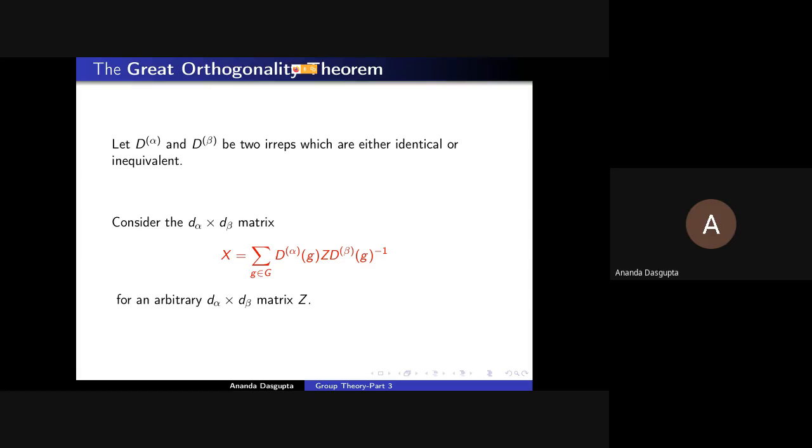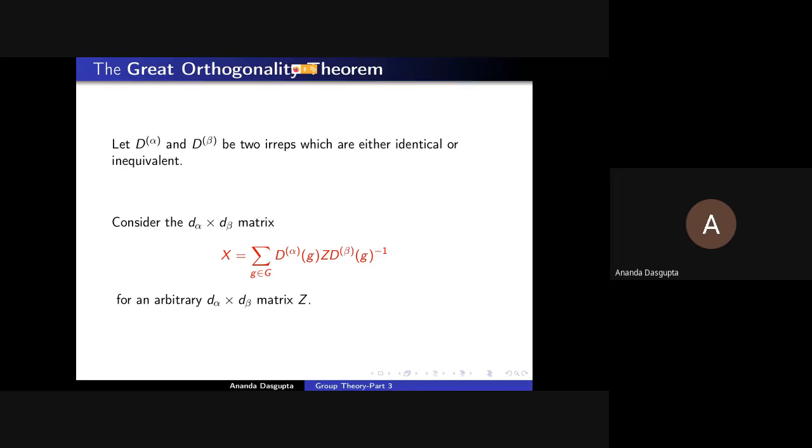What I do next is that I have one such matrix for every group element g. For every group element g, I have a D alpha of g and a D beta of g inverse. So I form this combination for that g and then add up over all the group elements in capital G. This is a matrix I'm constructing, and I'm going to use it to prove the great orthogonality theorem.